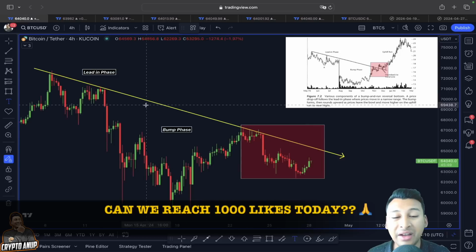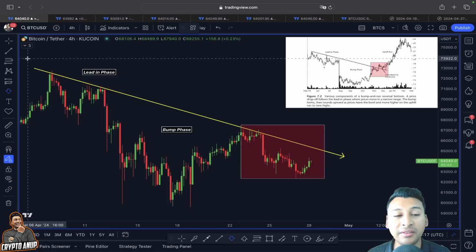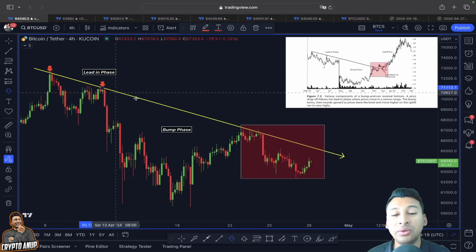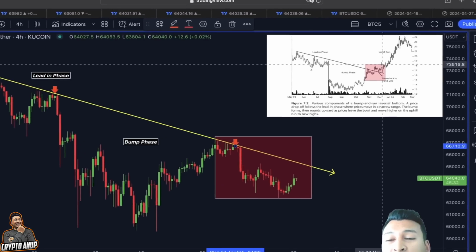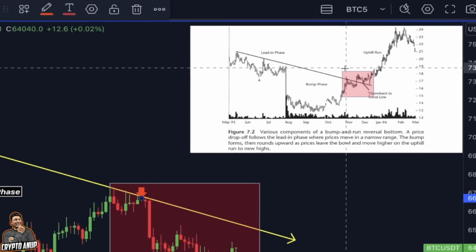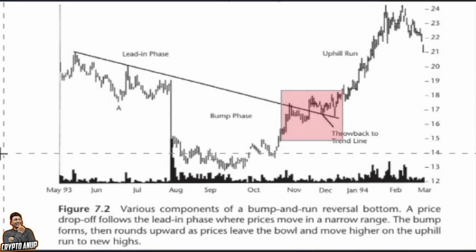And what do we have after this bump phase? Price heading towards this falling trend line, this key line of resistance, which right now looks like one very important line of resistance. But if this key line of resistance gets broken, then you can see guys, we could be slowly preparing ourselves for a new uphill run.